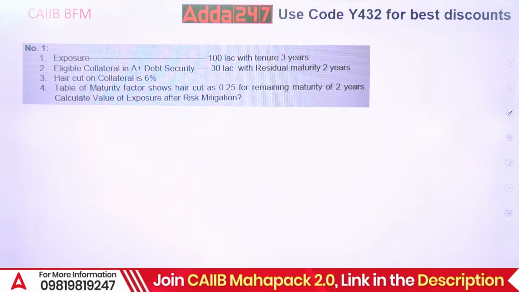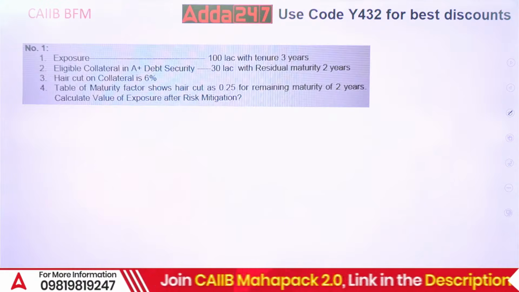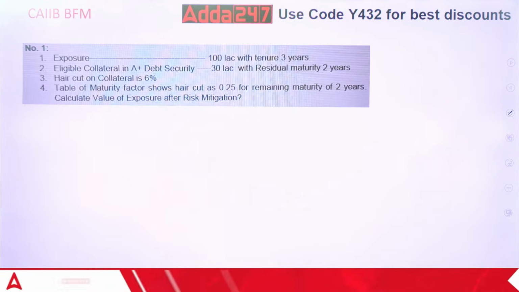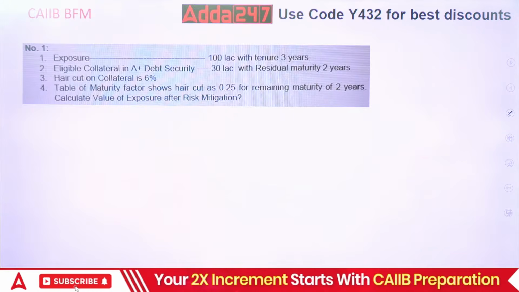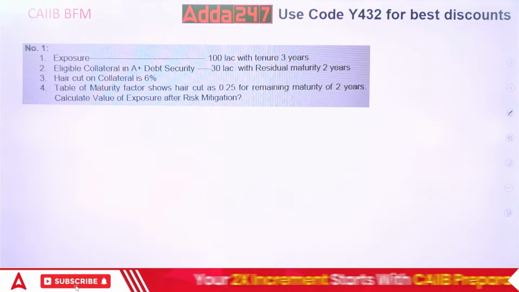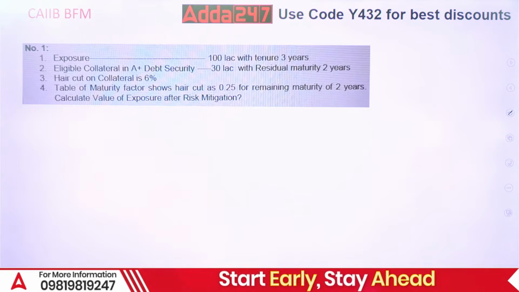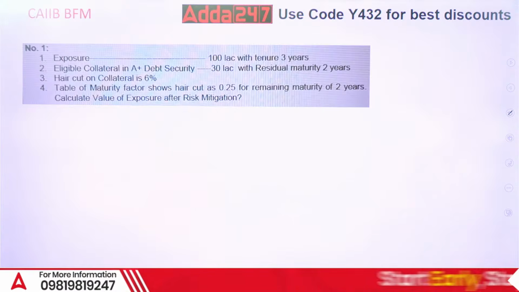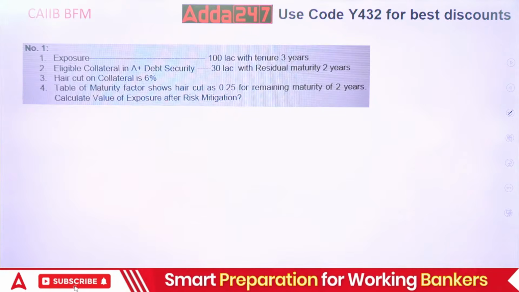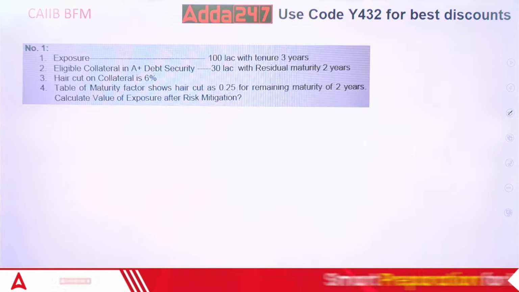Haircut on collateral is 6%. Table of maturity factor shows haircut as 0.25 for remaining maturity of 2 years. Calculate value of exposure after risk mitigation.